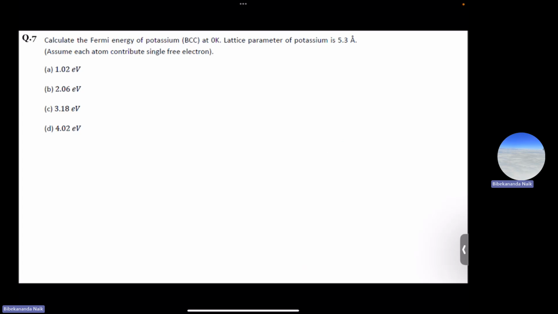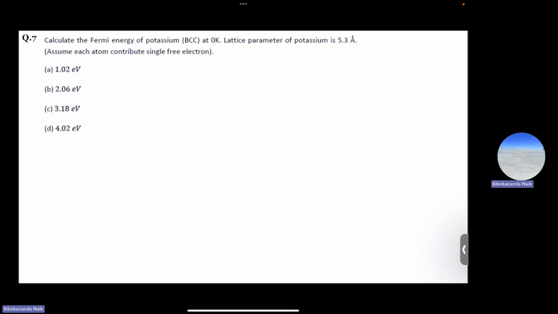In some questions the atomic radius is given, so you have to use the relationship between atomic radius and the lattice parameter in order to find the volume, because the volume of a cubic unit cell is a cube.